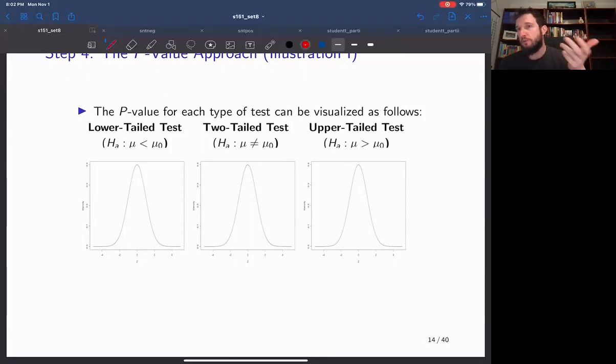Both the critical value approach and the p-value approach use comparison of two numbers. So in the critical value approach, we compare a test statistic to the critical value. In the p-value approach, we compare our p-value to the significance level.